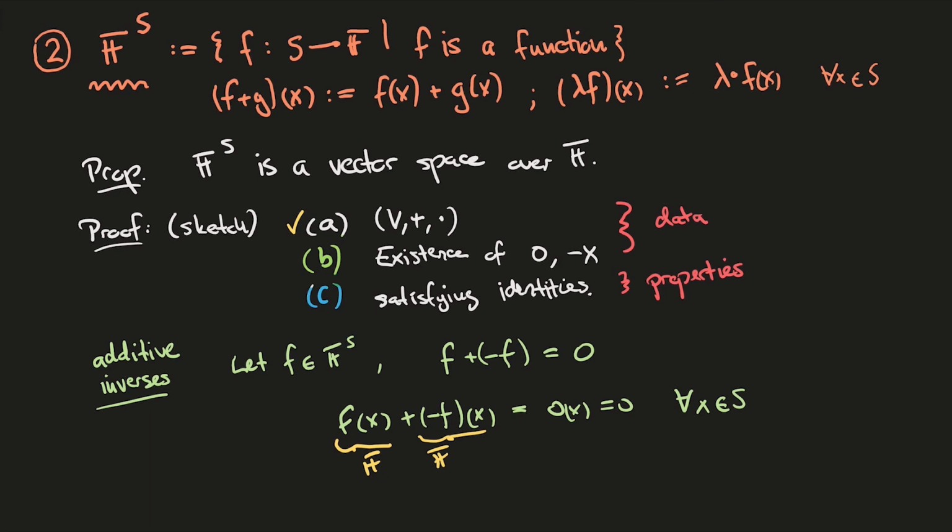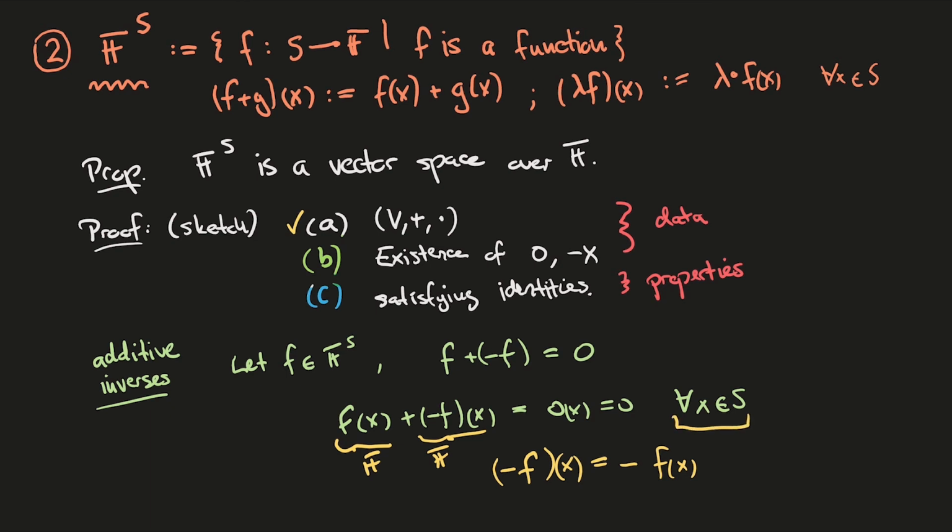And we already know of such an element, namely the additive inverse of that corresponding element in F. Because additive inverses in F are unique, we are now forced to set minus f of x to be minus f of x, where this minus on the right-hand side signifies the additive inverse in F.